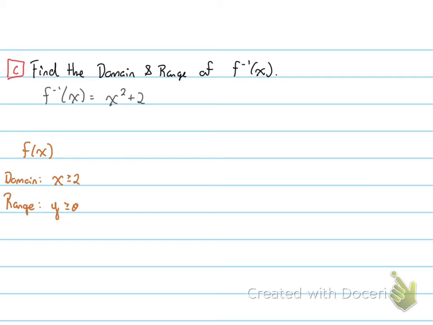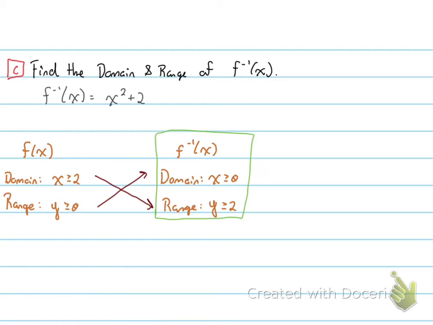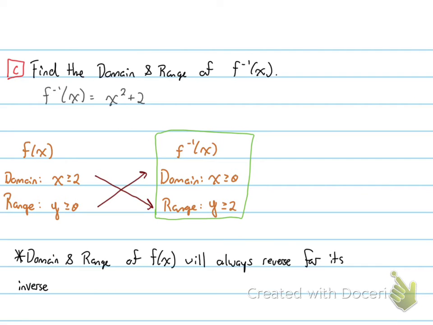Even though it might not look like this would be the domain and range of the function that I see here, for my inverse I'm going to flip my domain and range. So my new domain is x is greater than or equal to 0, and my new range is y is greater than or equal to 2. The domain and range of f of x will always reverse for its inverse. So when I'm finding the domain and range of an inverse, you want to find the original domain and range first. I would definitely make a note of that because that can get kind of confusing.